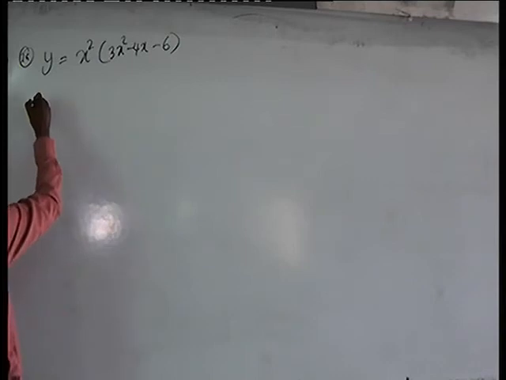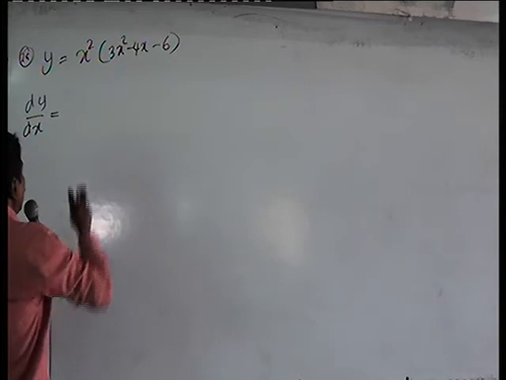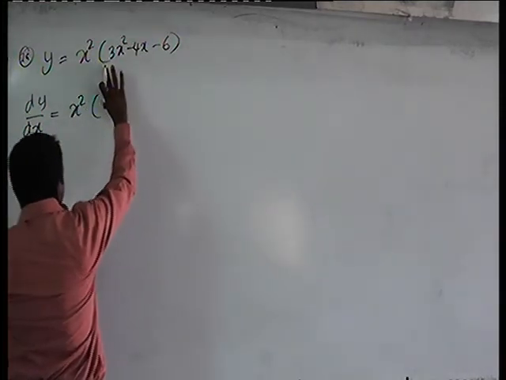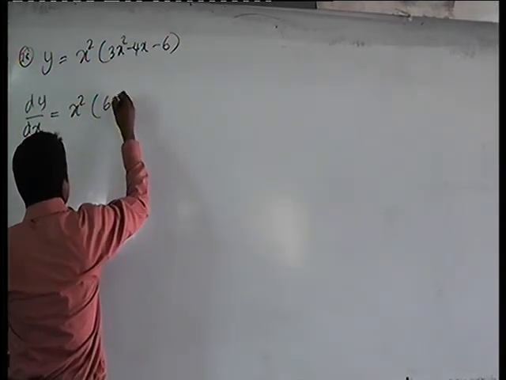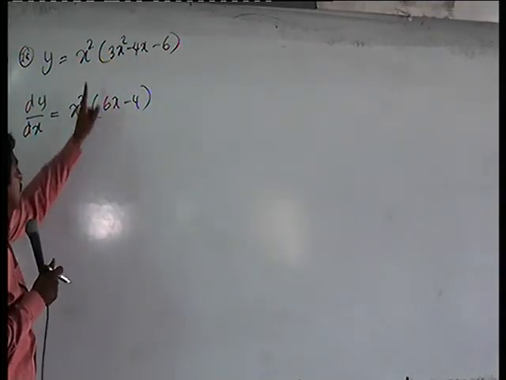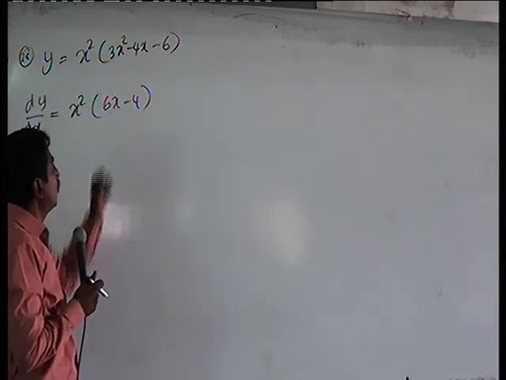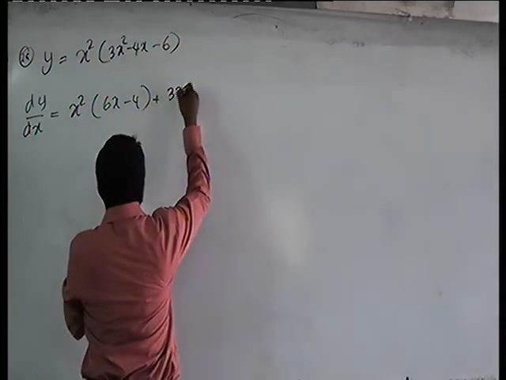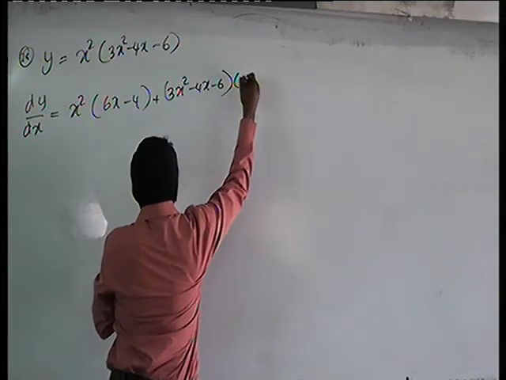So dy by dx equals first function, x squared, times differentiation of the second one, the whole thing: 3 into 2, 6x minus 4, plus second function times differentiation of first function, that is 2x.